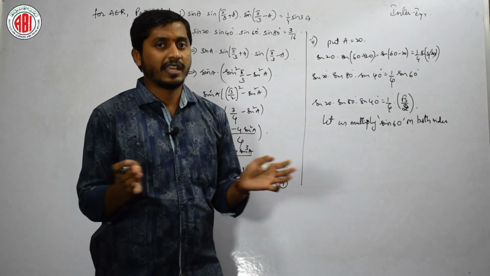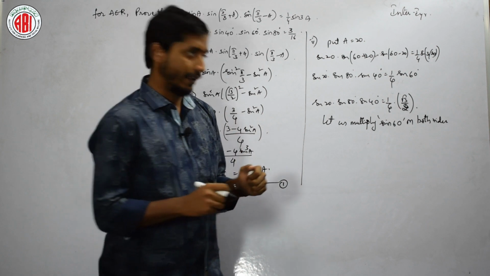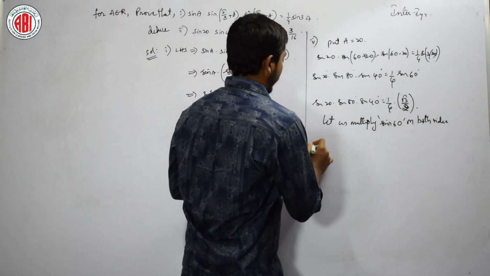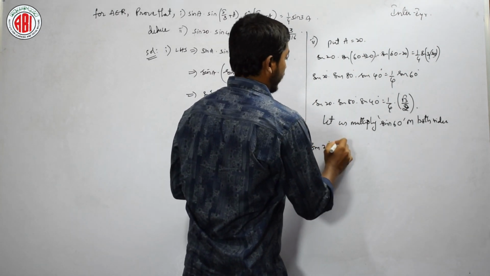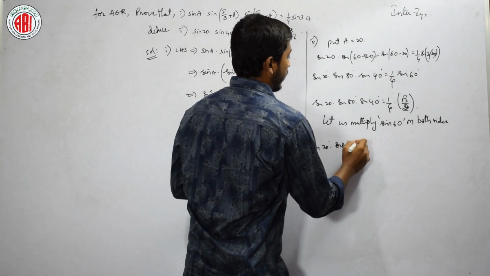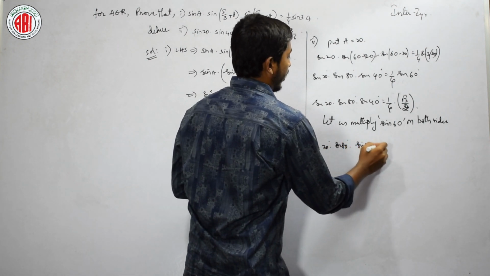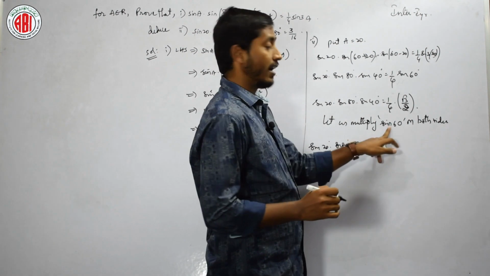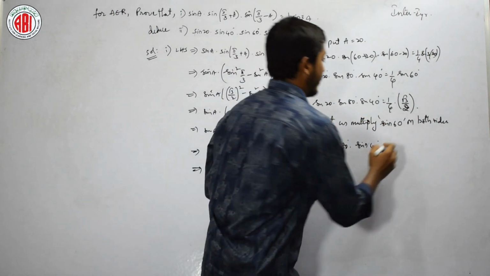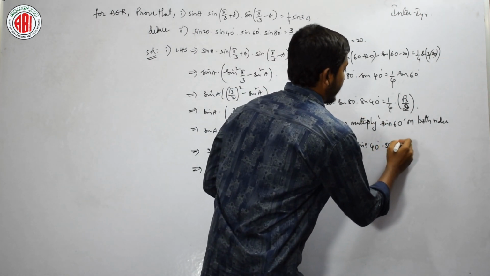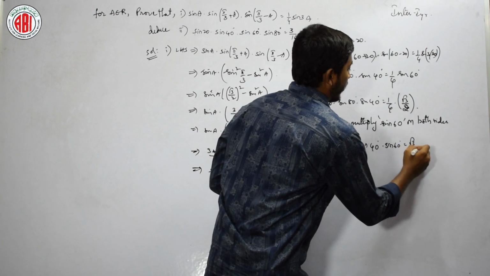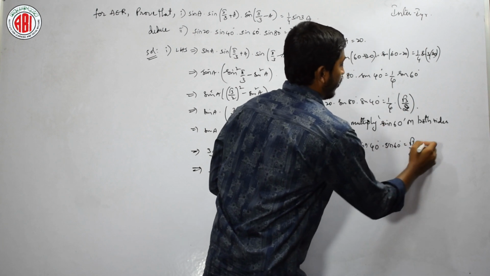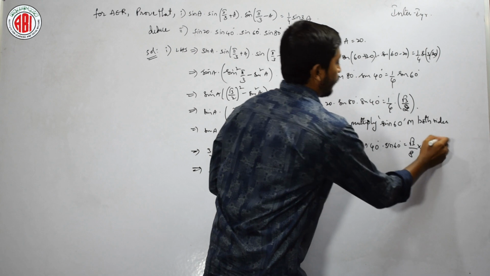Since we know the value of sine 60, we can transform it in any way, right? Let us multiply. It will become sine 20 into sine 80 into sine 40 into sine 60. It will become root 3 by 4 to the 8 into sine 60, right?